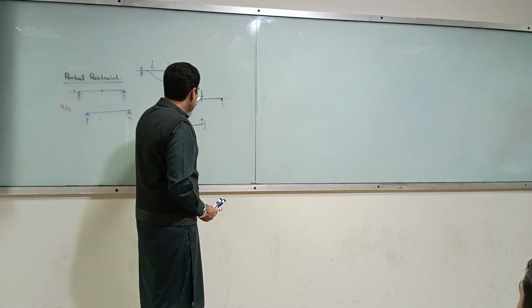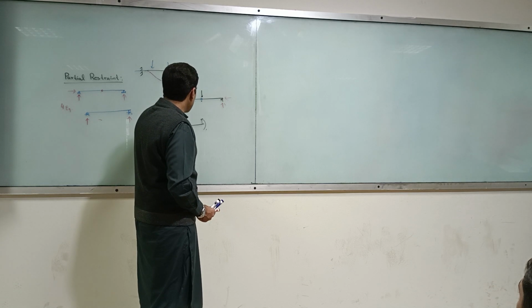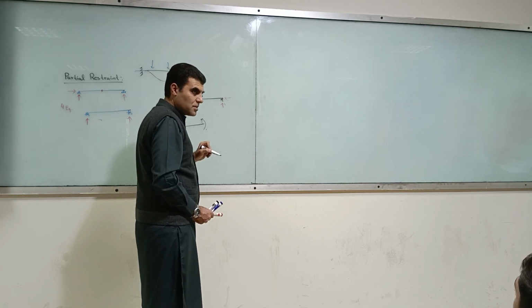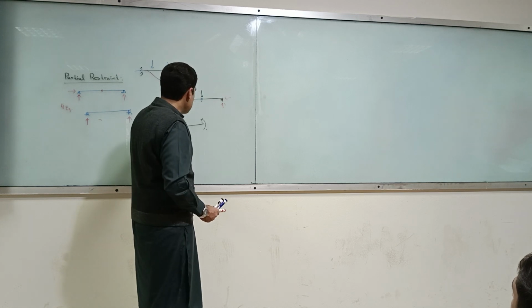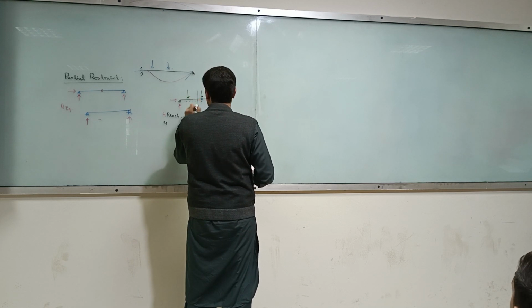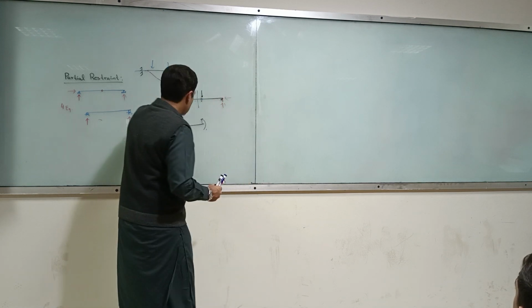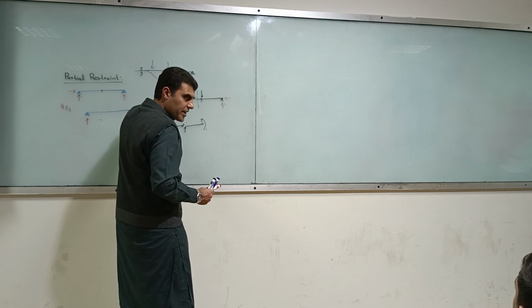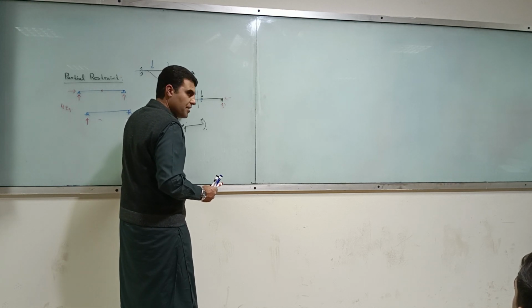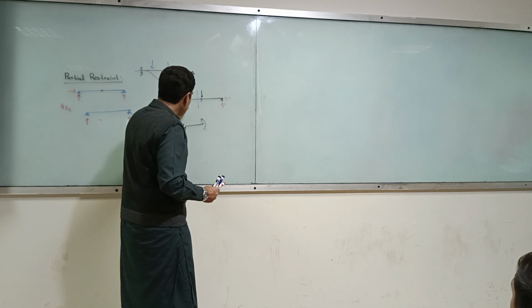In this case, if you put your load over here, for example, what will happen? It will still balance, sir. How can it be balanced? I mean, if you put your load over here, you will have some moment.